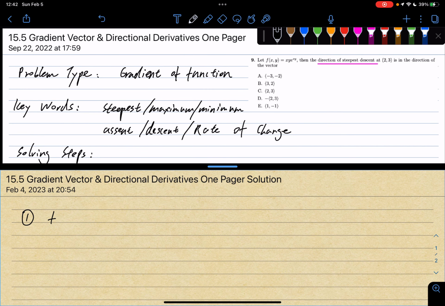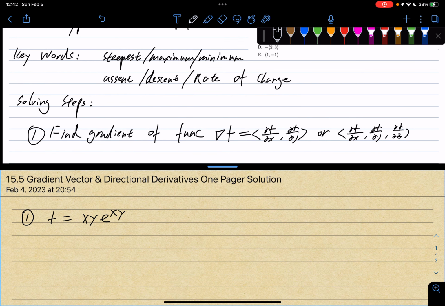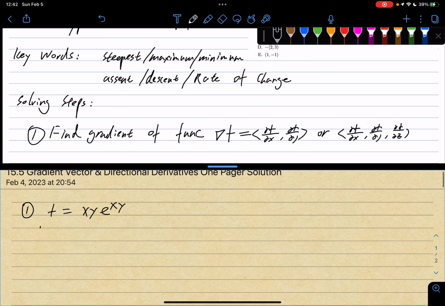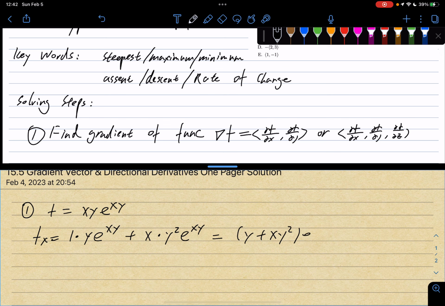We have the function f equals xy e^(xy). This is not a very fun partial derivative to do. So fx equals 1 times y e^(xy) plus x times y^2 e^(xy), which equals (y + xy^2) e^(xy). I'm using the product rule right here.